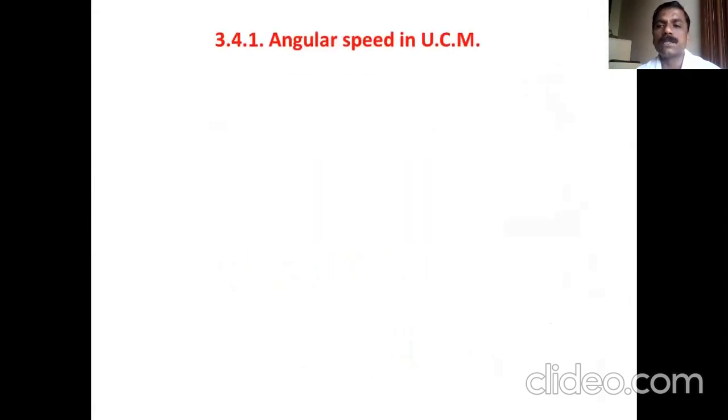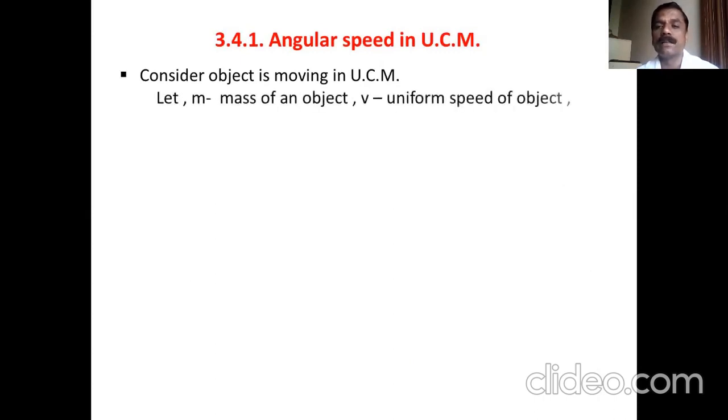Then we want to discuss the angular speed in UCM. In the previous diagram we have seen omega, the symbol used to denote angular velocity or angular speed. Again, consider the object moving in uniform circular motion.